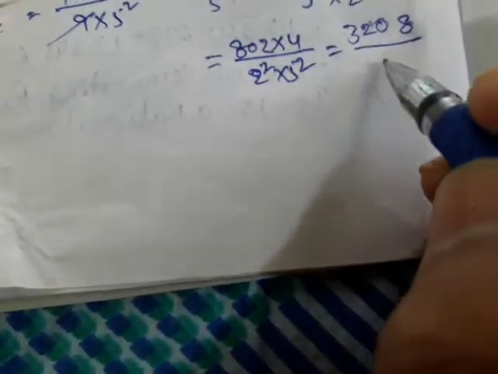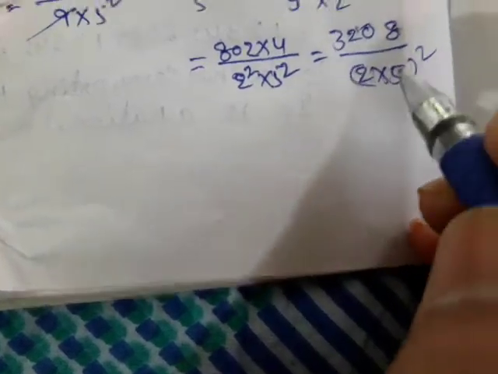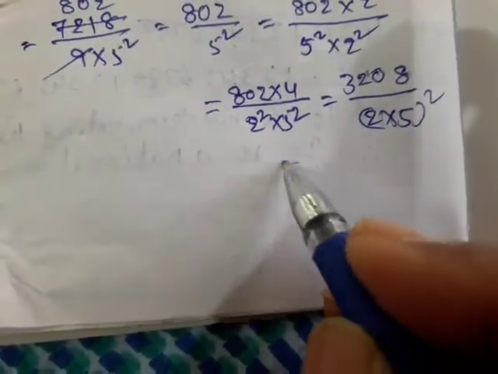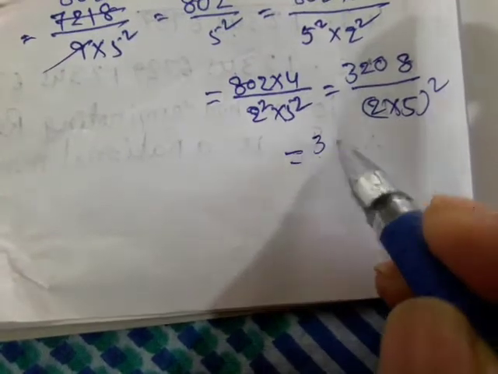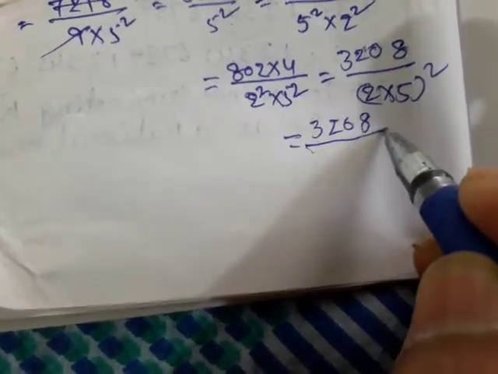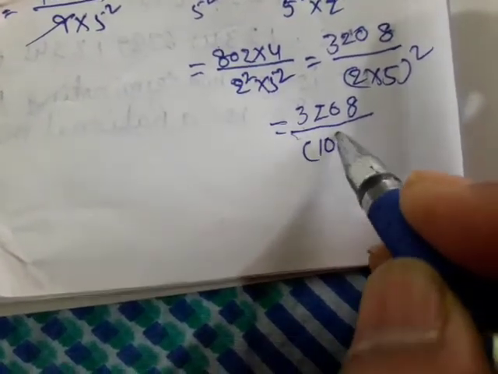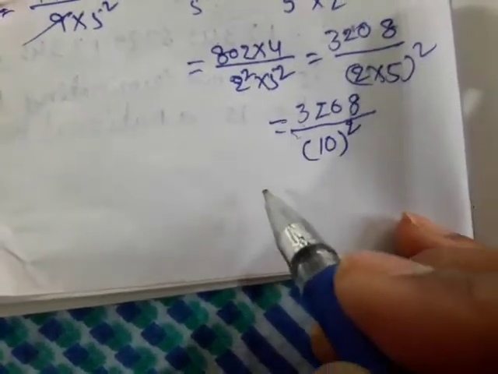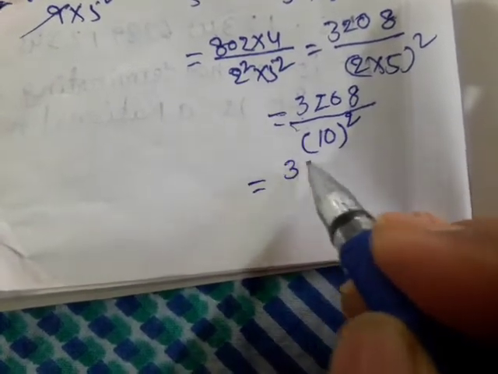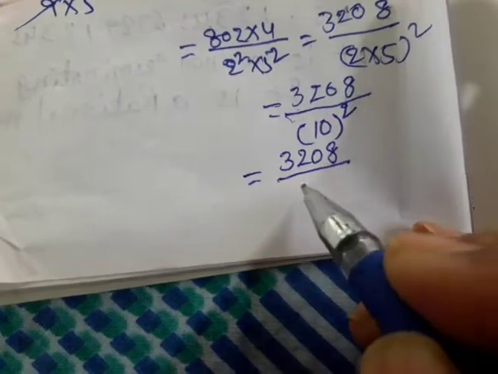So that is 3208 by 10 square, which is 3208 by 100.